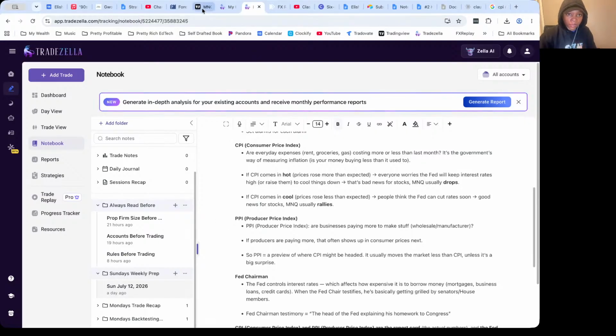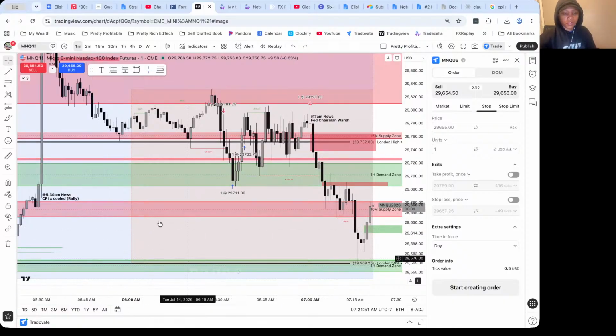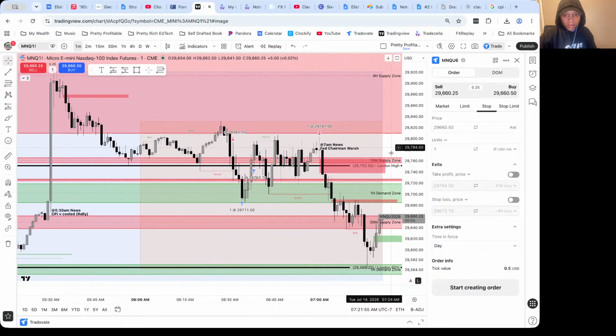So now we go back to the chart, and we're able to see that, right? Rallies. So we see a rally. Now this is pretty cool.